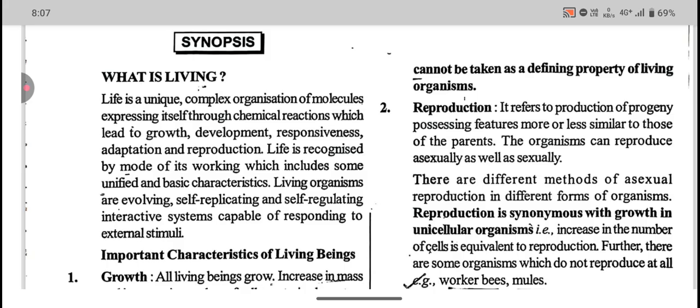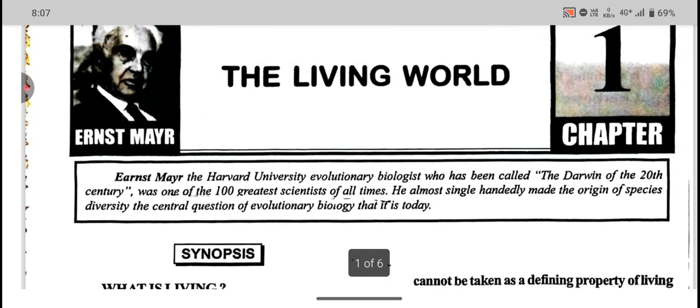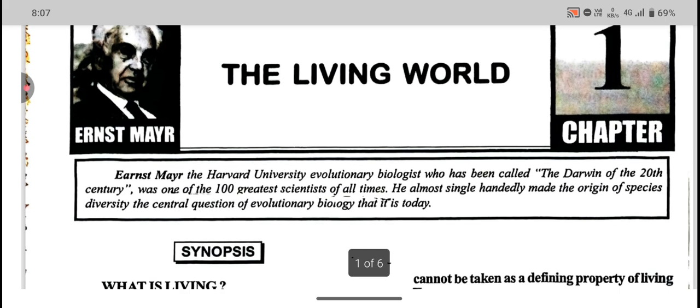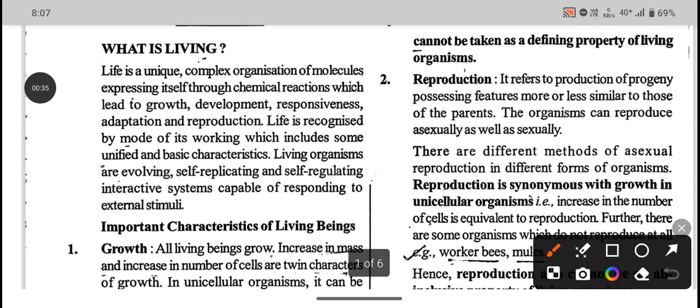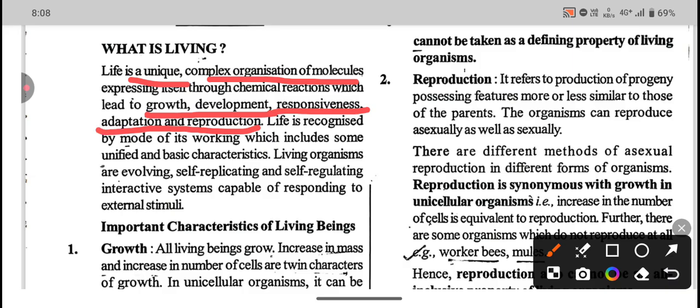Let's start today's lecture. As the chapter suggests, we need to understand what is living. Living is nothing but the life of an organism. Life is a unique, complex organization of molecules expressing itself through chemical reactions, which leads to growth, development, responsiveness, adaptation, and reproduction.